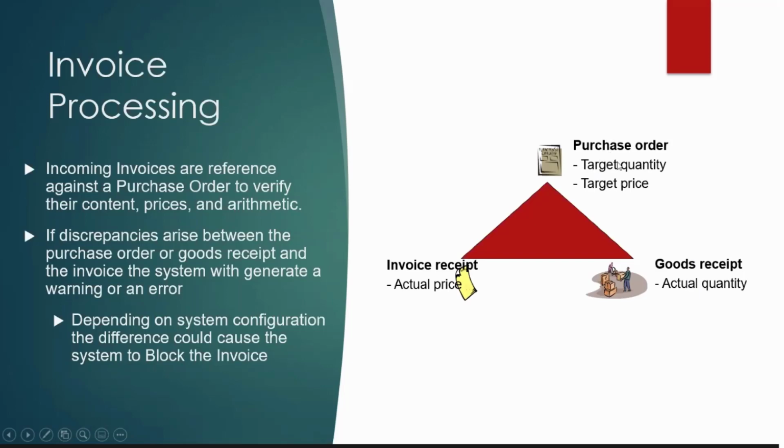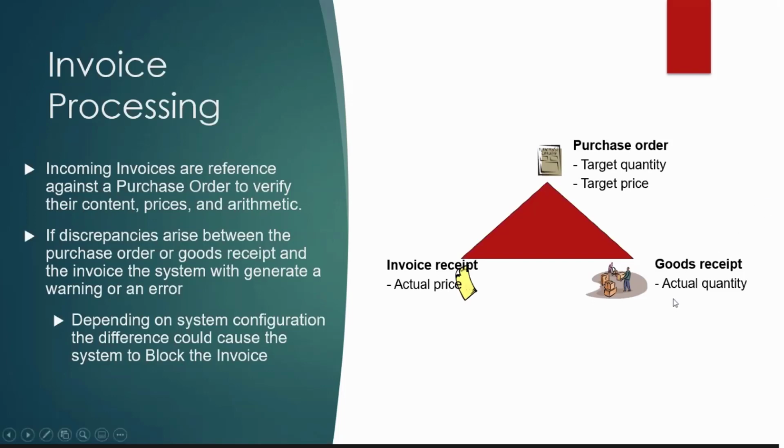First of all, the purchase order gives you the target quantity and the target price, and not only this, it gives you the materials. لأن يمكن you order HP 2021 and you receive HP 2020, which is completely different.